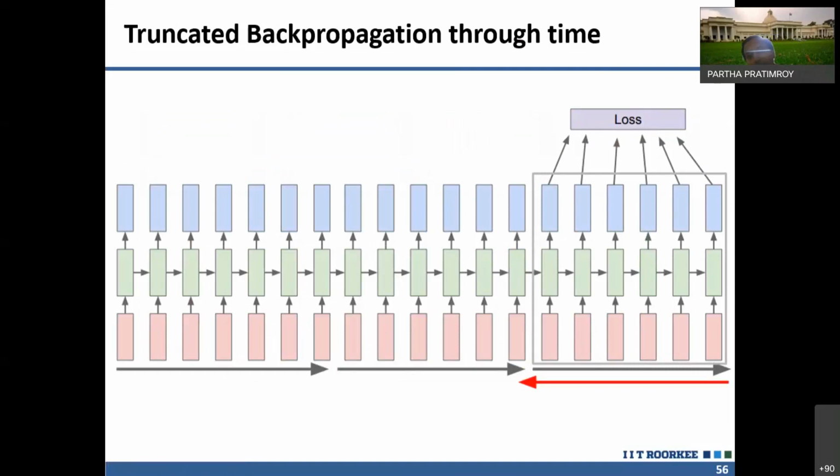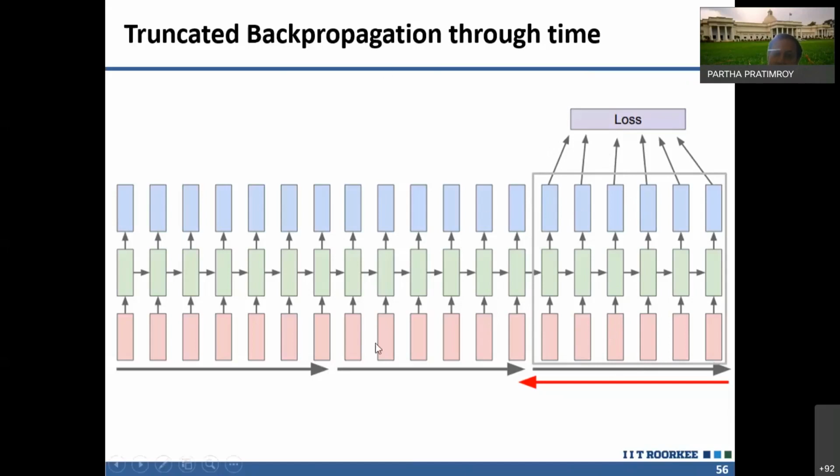Another way you can use backpropagation: instead of combining all these loss functions together across the series, you do it in groups, a set of blocks, say 5 blocks together. In 5 blocks, you consider the loss and then you modify.